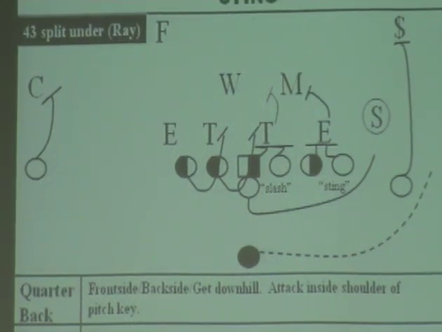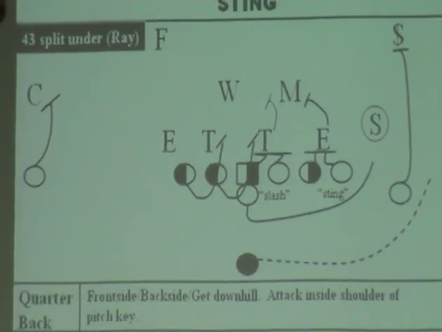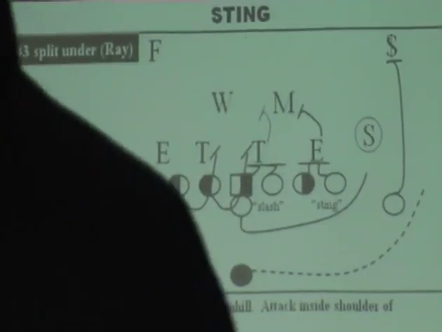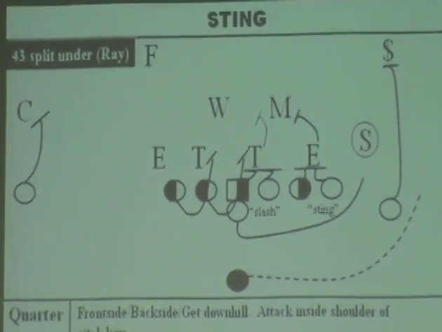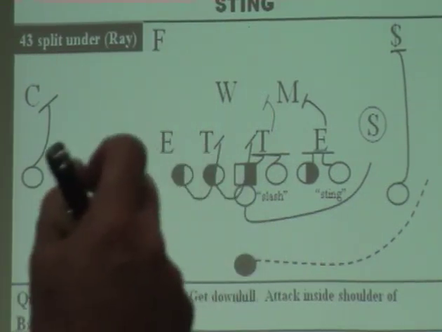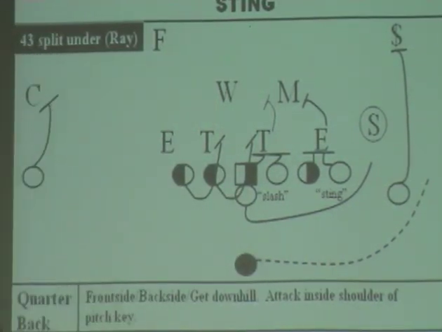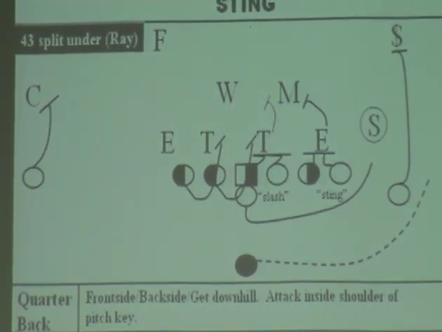This play for us, speed option, when we call it, the majority of the time is a pressure check. It's one of our 3 basic pressure checks that we have in our offense: speed option, throwing tunnel screen to the wide receiver, and then gap pass. Gap passes, quick throws.